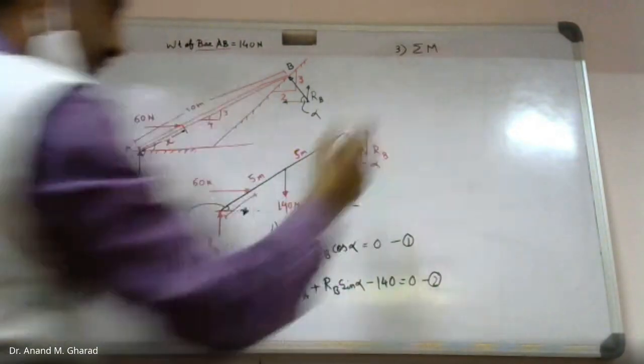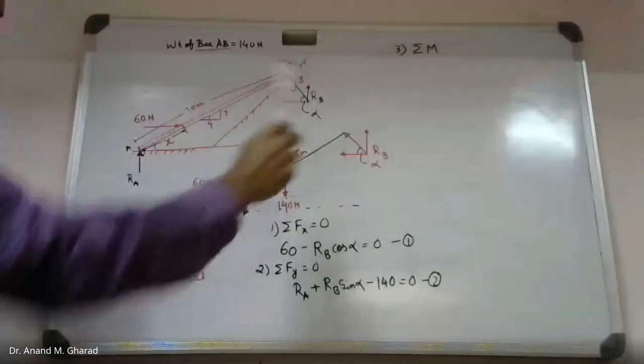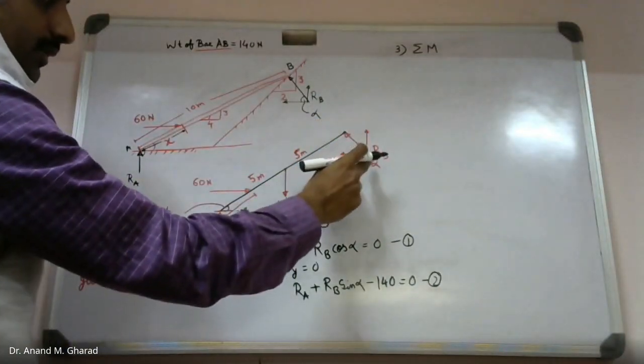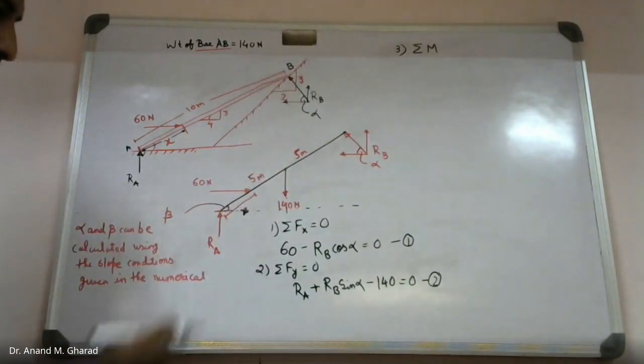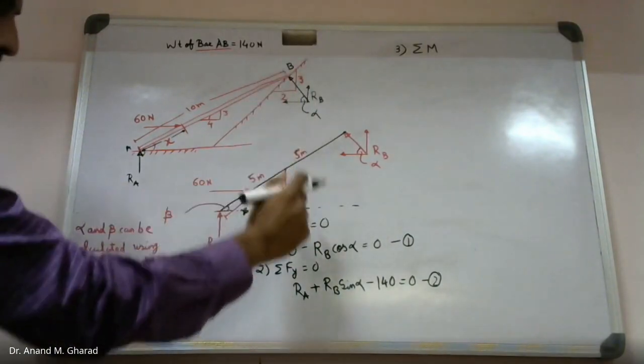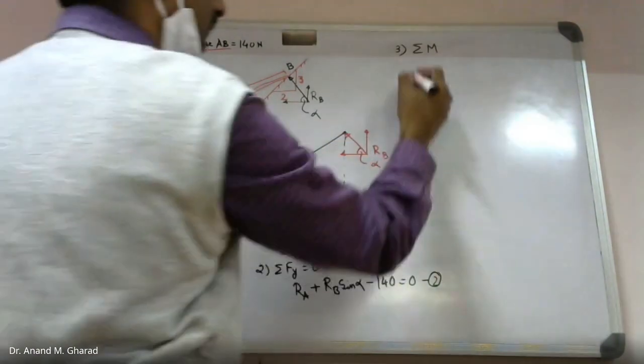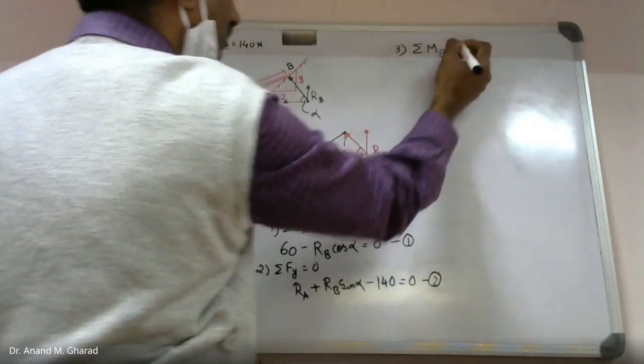Moment about point B this time, because if I take moment about point B, I am eliminating two forces. If I consider this, in that case, moment about point B equal to 0.